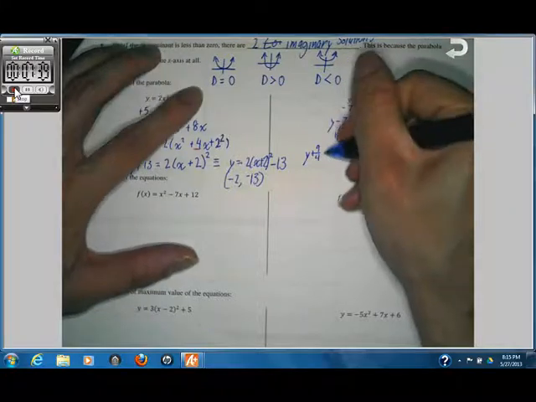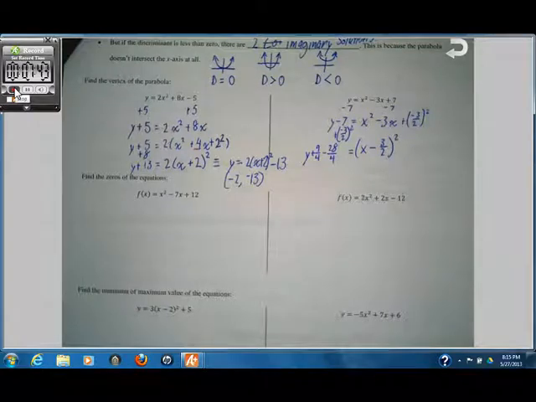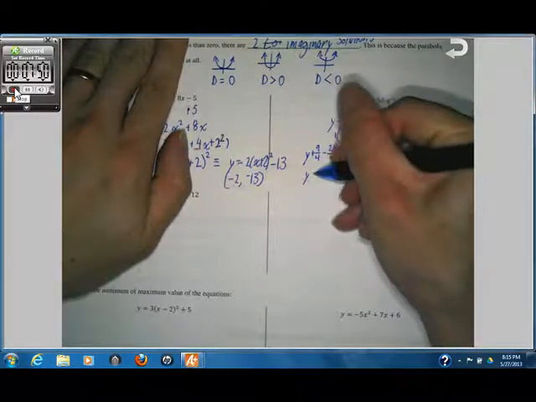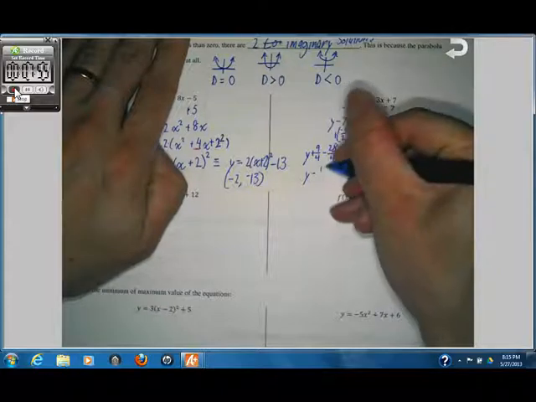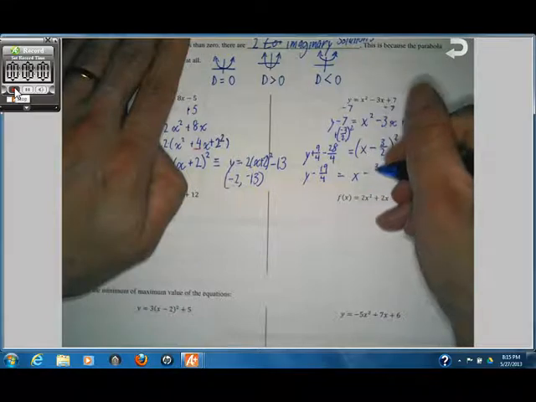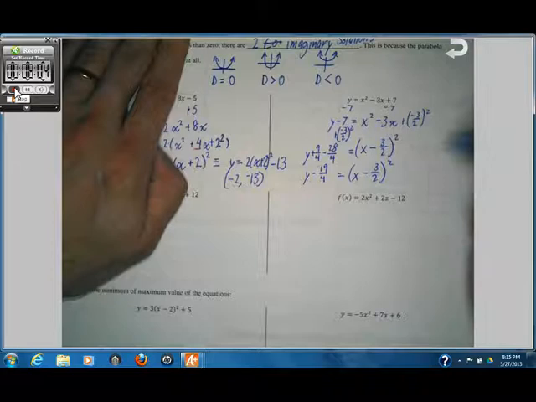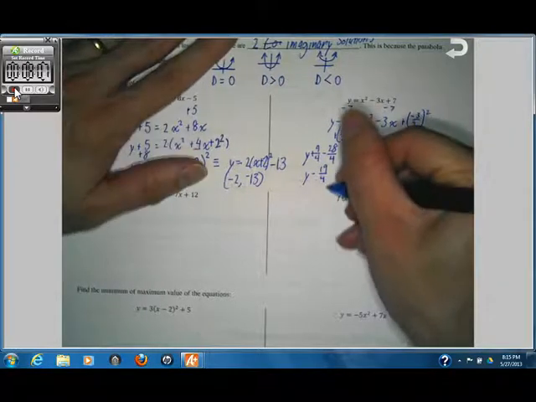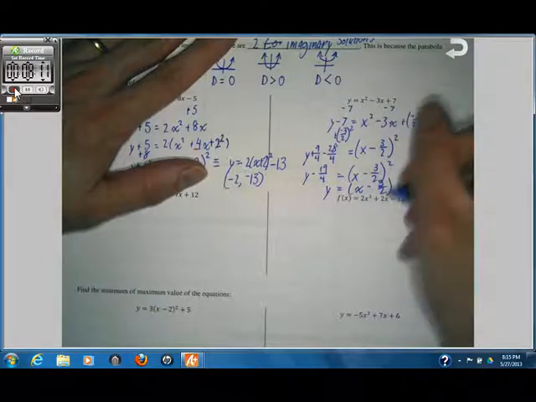So that would be -19 over 4 is equal to x minus 3 over 2 quantity squared. And then we move it back. And we say, okay, y is equal to x minus 3 over 2 quantity squared plus 19 over 4. Again, this is going to be a little bit on the ugly decimal side, but we'll just kind of deal with it. Okay.